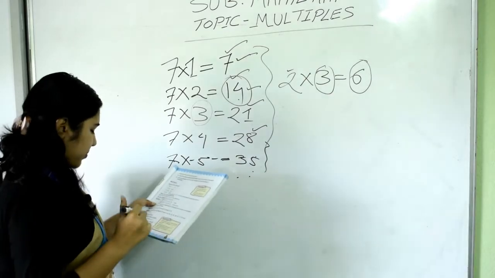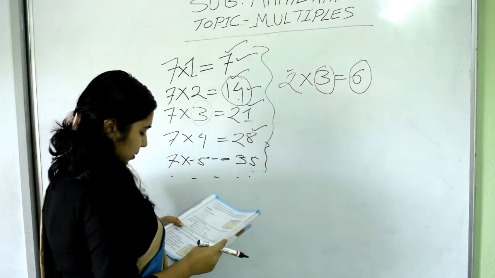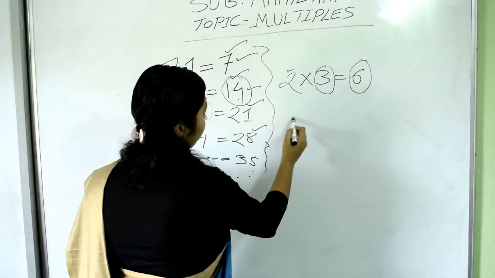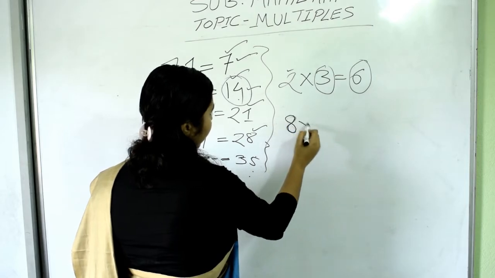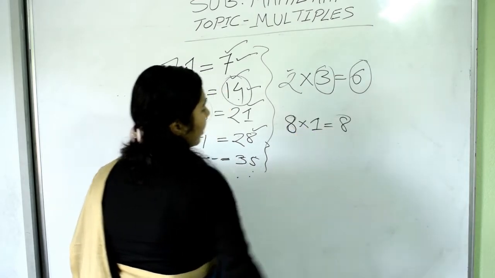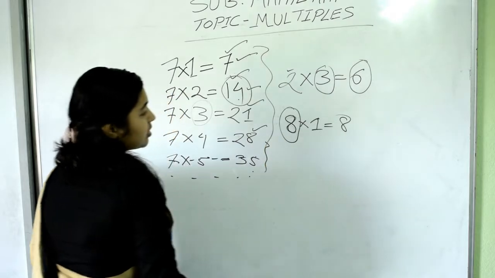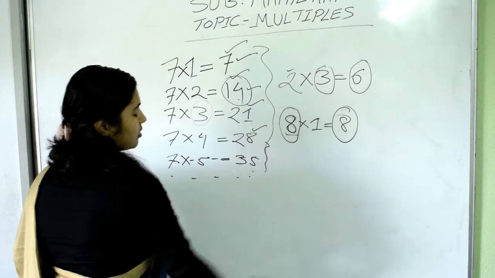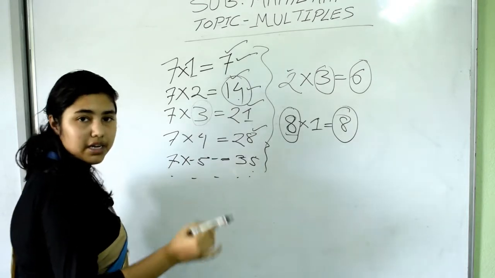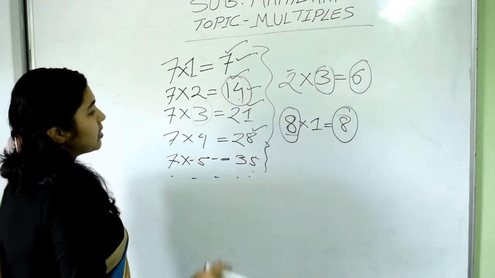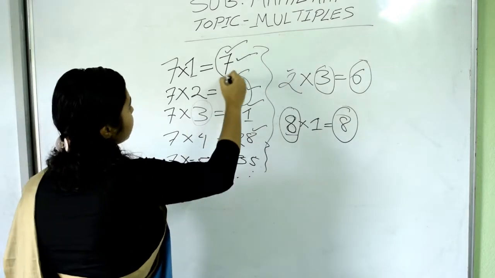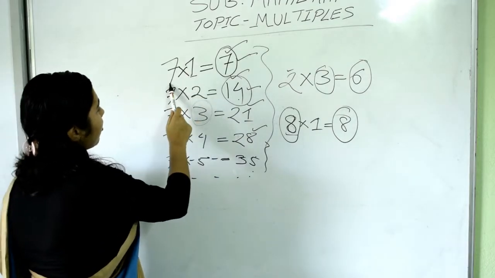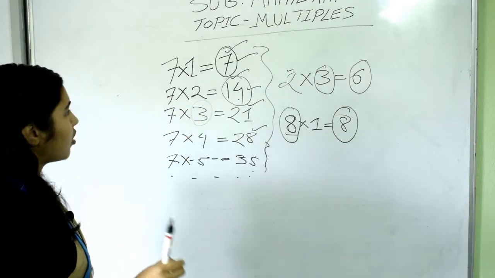Now always remember that every number is a multiple of itself. Because if we multiply any number, suppose 8, with 1, we will get 8, the same number. That means 8 is also a multiple of 8. Any number is a multiple of itself. And this is important: the first multiple is the number itself, and also the smallest one.